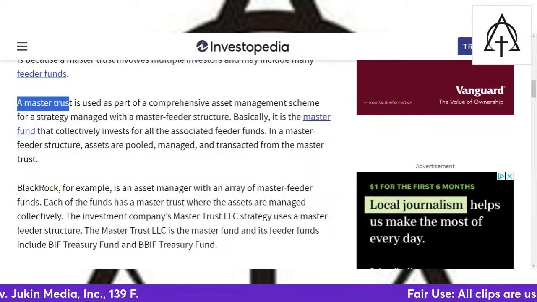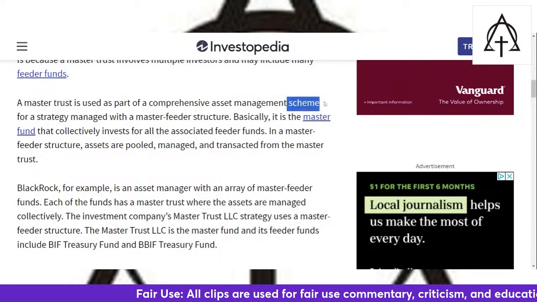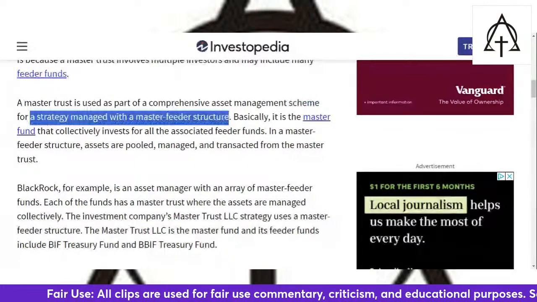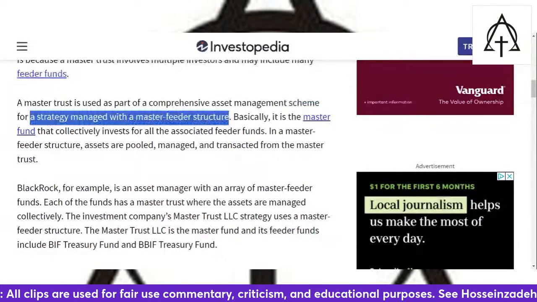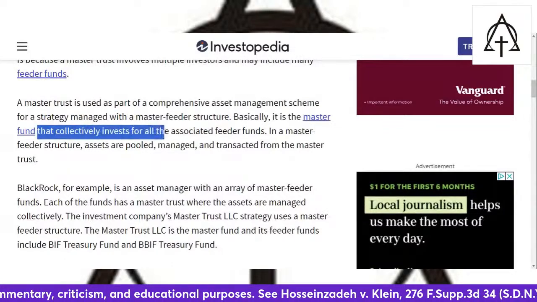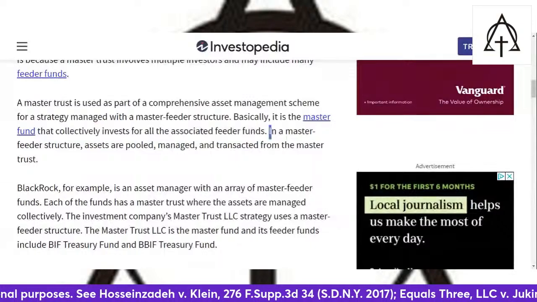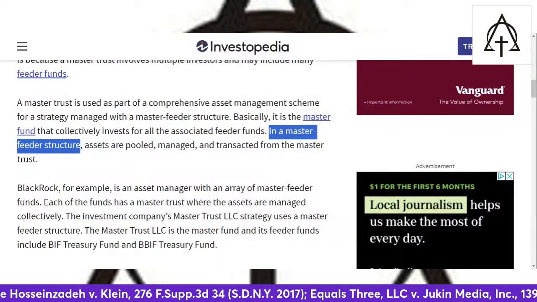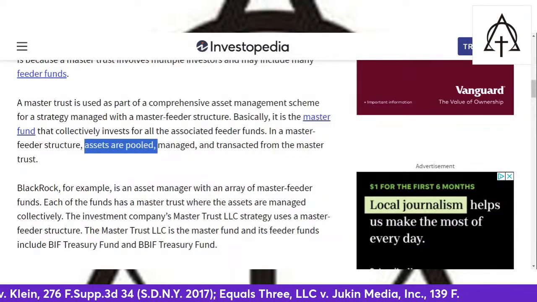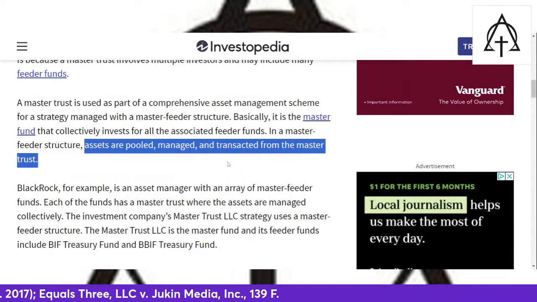A master trust is used as a comprehensive asset management scheme for a strategy managed with master feeder structure. Basically, it is the master fund that collectively invests for all the associated feeder funds. In a master feeder structure, assets are pooled, managed, and transacted from the master trust.